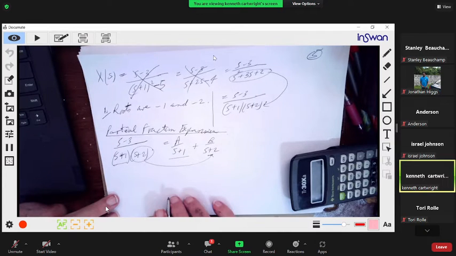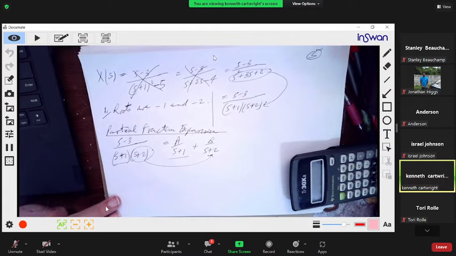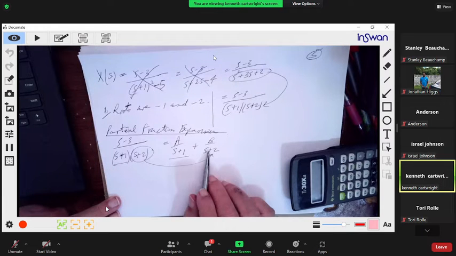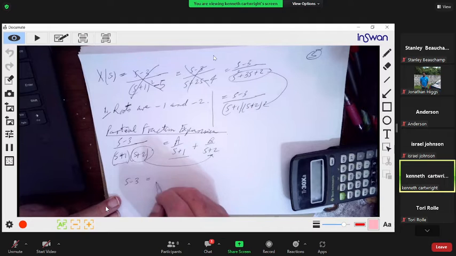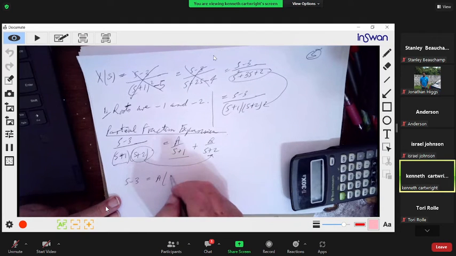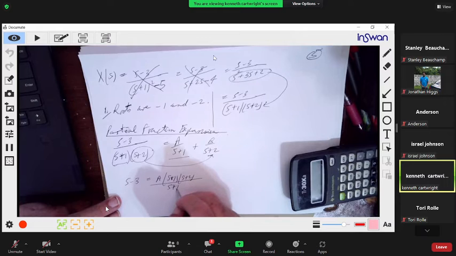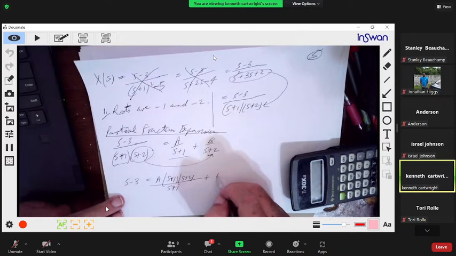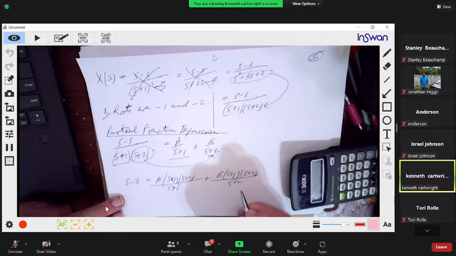And now, how do we find A and B? I'm going to multiply both sides by the denominator. So this side becomes s minus 3 equals A times s plus 1 times s plus 2 over s plus 1, plus B times s plus 1 times s plus 2 over s plus 2.